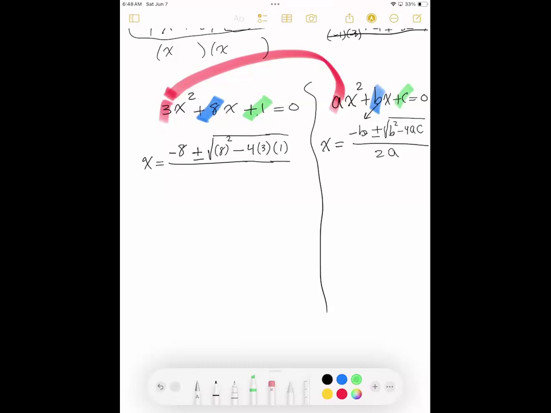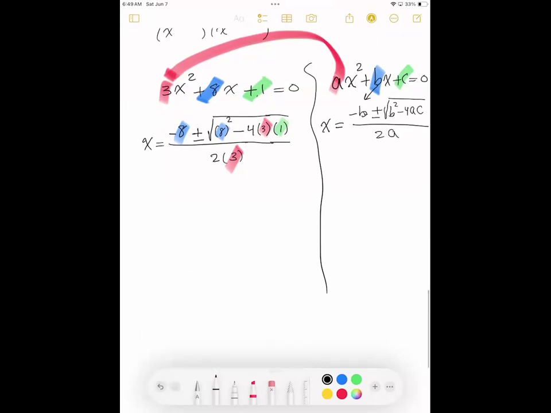So that's c. That is b. And that is your a. And then at last, multiply 2 by a, and a is 3 again. So you have a twice, you have b twice, and you have c once.